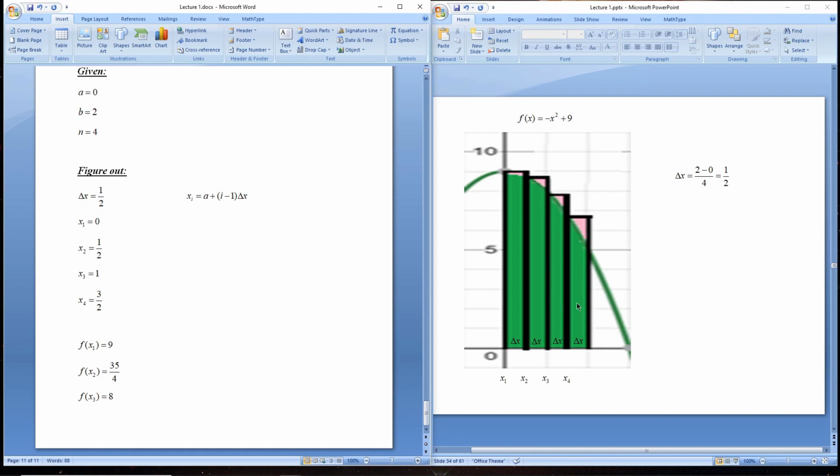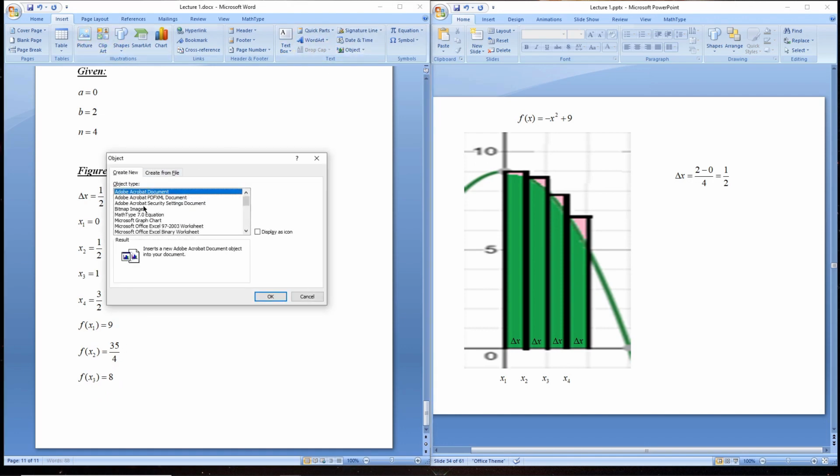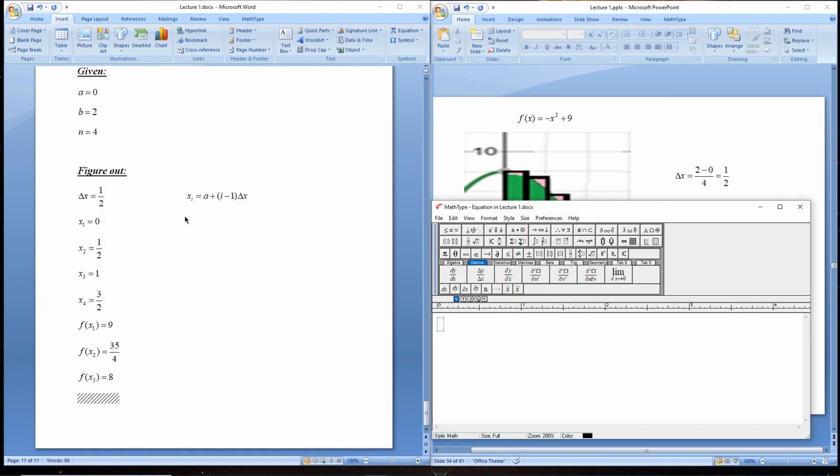And then our last rectangle has a height when we plug in x sub 4. Let's do that. We plug x sub 4 into our function. Well, we already figured out what x sub 4 is. It's 3/2. So we're going to plug it into our function. 3/2 squared is 9/4.